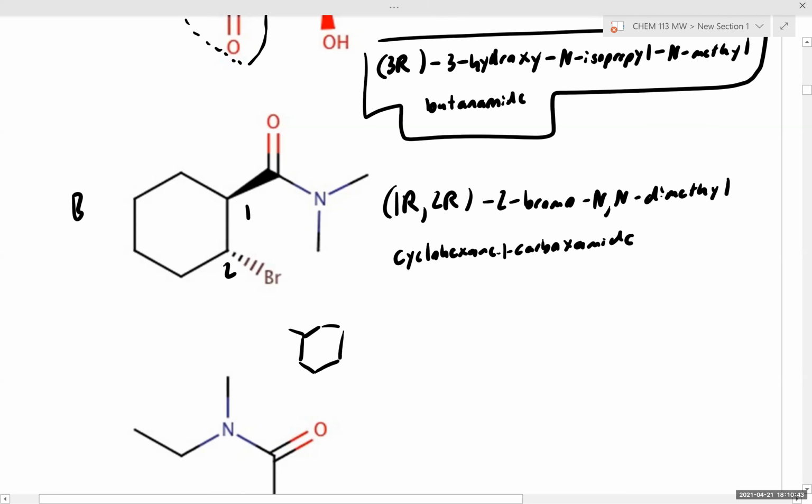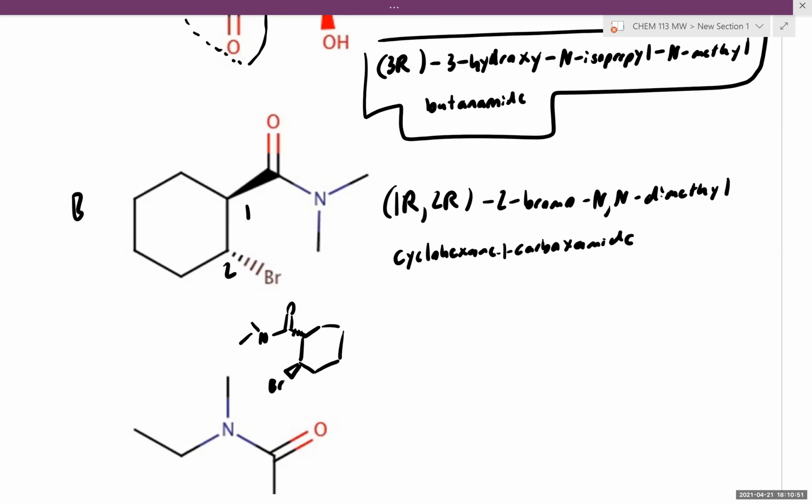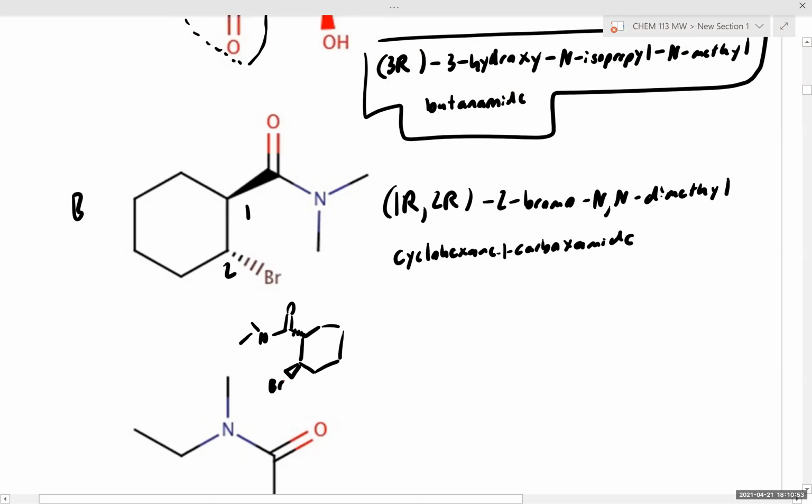I'm going to draw out a rotated structure for a moment. Generally, just like with carboxylic acids, the carbon attached to your carboxylic acid group, amide, or other carboxyl derivative will always get assigned locant number 1 for cyclic systems.